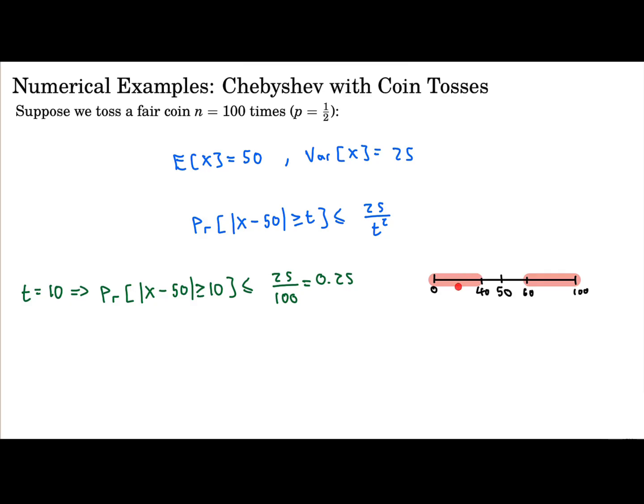It's either in this region or this region, with 25%. Which means that there's a 75% chance when you toss 100 fair coins that the number of heads is in the range 40 to 60.